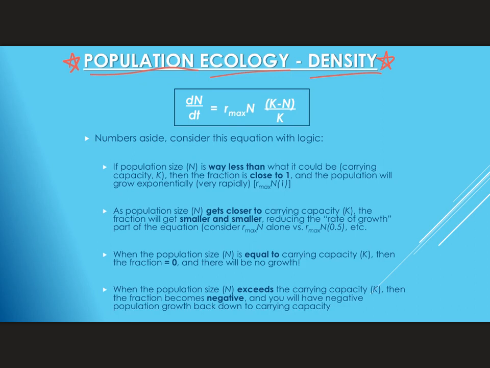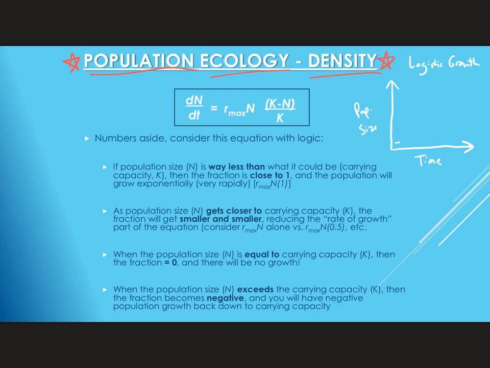So first, I'm going to draw over here a graph that we want to look at, which is just a sample logistic growth graph. All right, so in the sample logistic growth graph, we've got time on the x-axis, we've got, we'll say, population size on the y-axis.